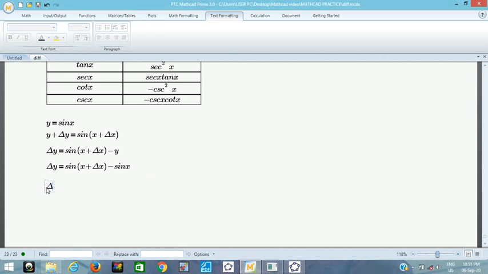I'm going to have delta y divided by delta x, which is now going to be equal to sine (x plus delta x) minus sine x, then divided by delta x.